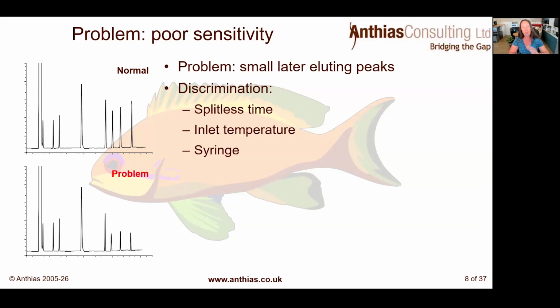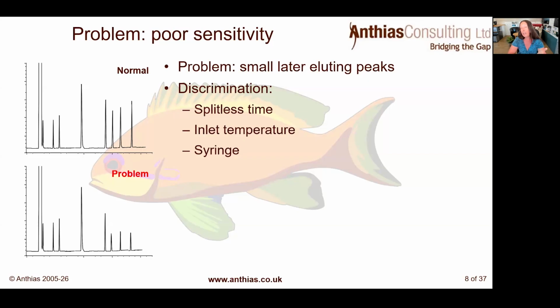You push down the plunger and remove the syringe straight away. Those higher molecular weight compounds take longer to evaporate, so the needle has to get quite hot to evaporate them and let them come out into our GC inlet. So what we're effectively doing is removing the syringe containing those high molecular weight compounds. That's called syringe mass discrimination.